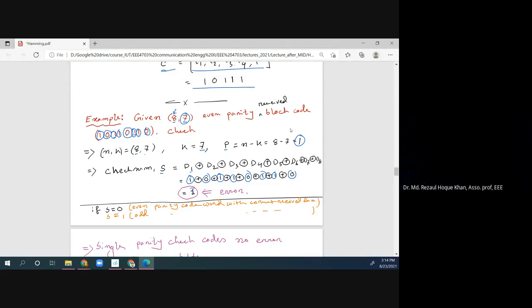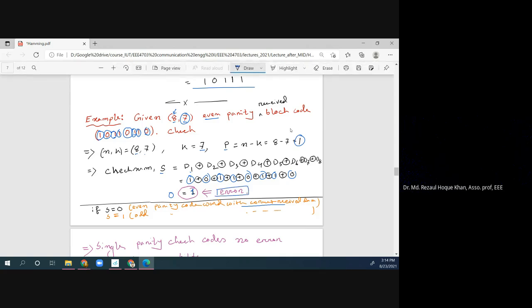Now, if s is equal to 0, an even parity code word was received correctly. Given even parity, it's supposed to be 0. If it's 0, then this was a good code word. If s equals 1, it is an odd parity code word. If we use even parity, our checksum will always be 0. If it's the opposite, it means the signal is in error.